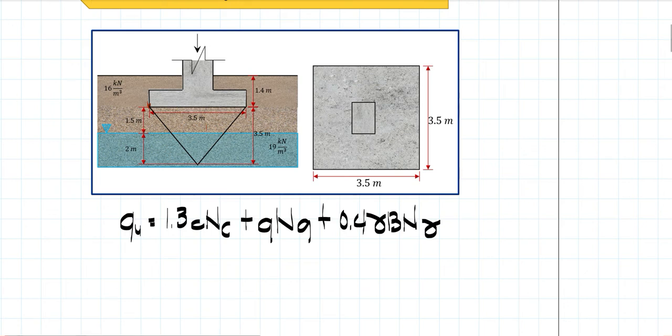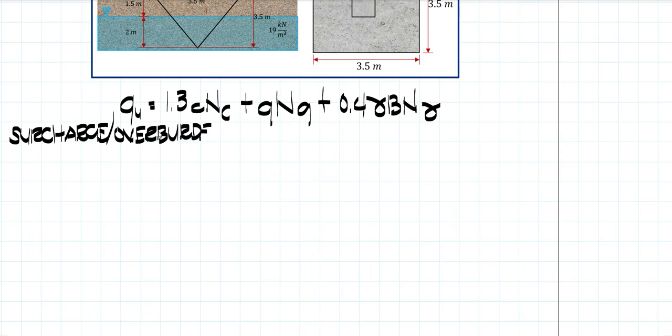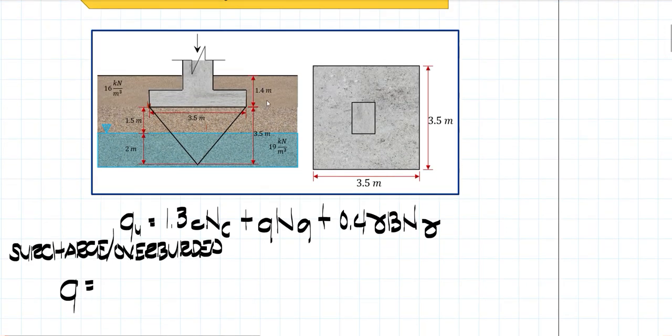So, we first solve for the surcharge or the overburden pressure. So, that will be q is equal to, kung ano man yung nasa taas ng footing na soil natin, or kung ano yung nasa taas na nakapatong.